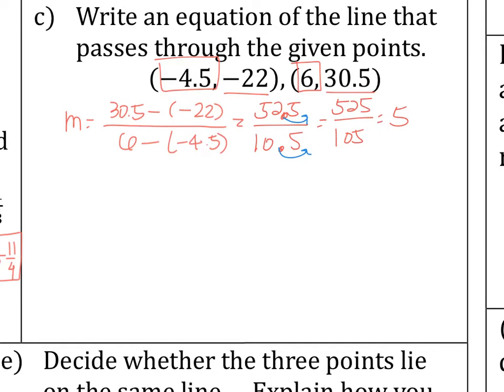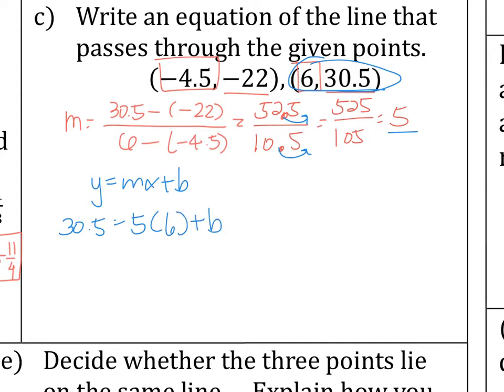And now we need to find the y-intercept b. So I'm going to use y equals mx plus b again. And I'm just going to pick an easy point to work with. I'm going to pick the one with no negative signs. So my y value here is 30.5. The slope is 5. X is 6.